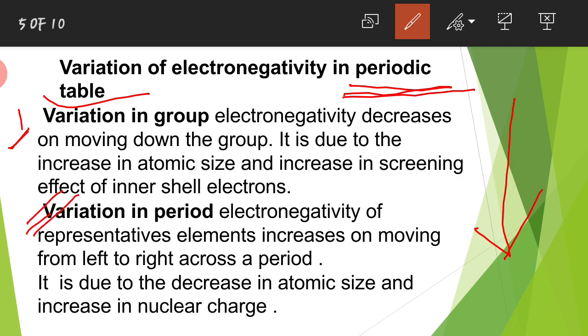Second, variation in period. Electronegativity of representative elements increases on moving from left to right across a period. It is due to the decrease in atomic size and increase in nuclear charge.